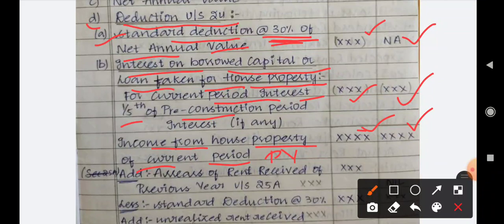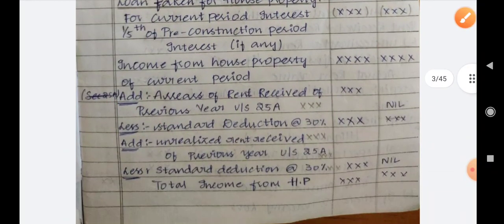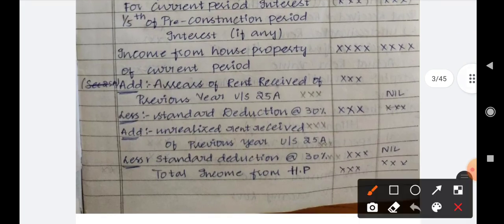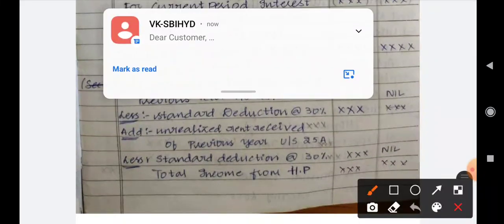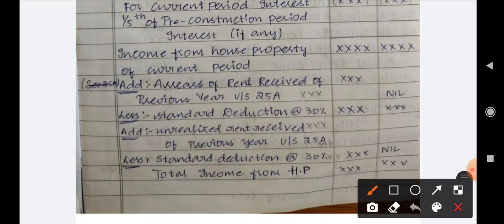Sometimes, as per section 25A, add arrears of rent received, if any. Arrears of rent received of previous years which is not taxed earlier, you will get that amount, but from this we need to deduct standard deduction 30%. This is not of current period interest, this is of previous year's arrears you have now got.